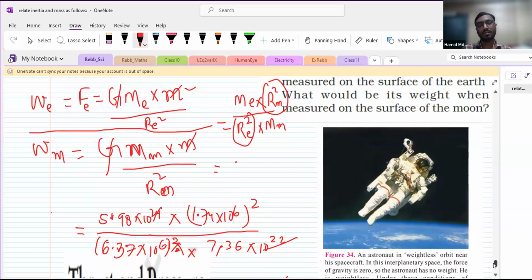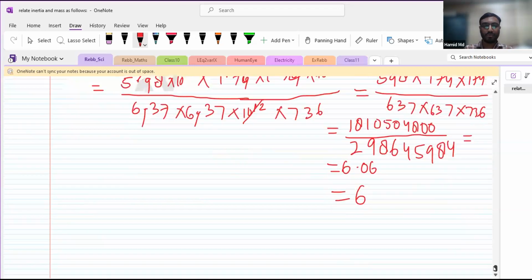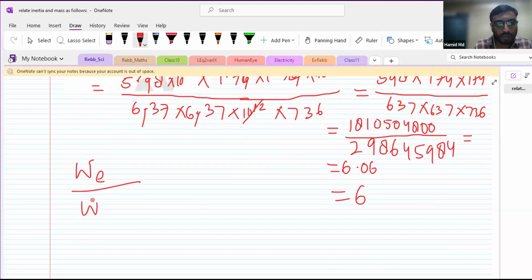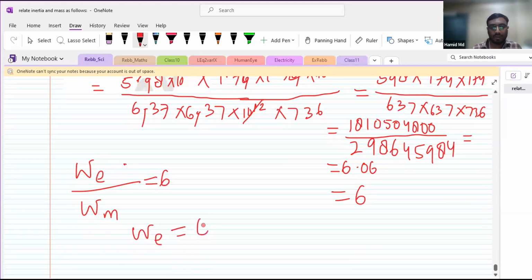The weight of an object on Earth divided by the weight of the object on the moon is equal to 6. It means that the weight of an object on Earth is 6 times the weight of the object on the moon, or the weight of an object on the moon is equal to 1 by 6 times the weight of the object on Earth.